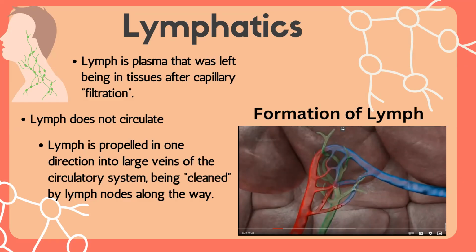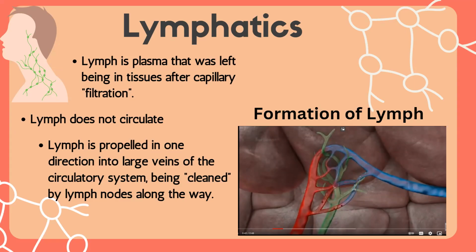So our lymph is how we partly recycle fluid from the body back to the heart. Our lymphatic system, as you can guess based on the title of our lecture, also has a very large role in our immune response. So our lymph does not actually circulate.